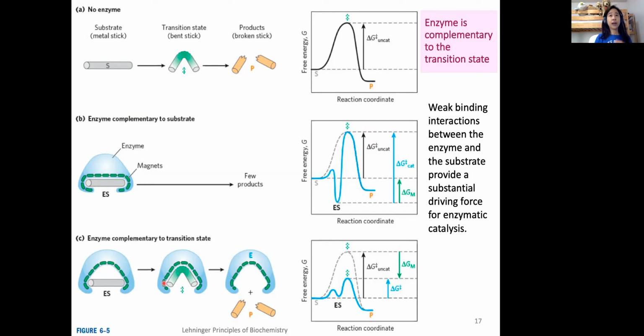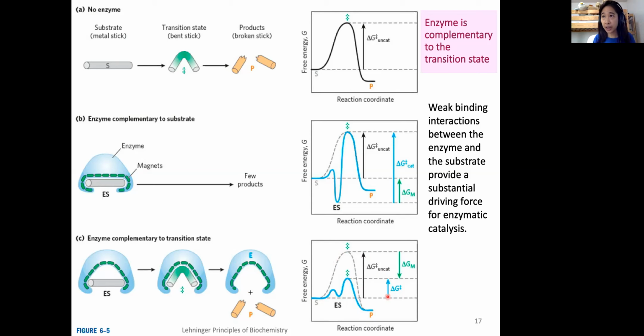But if your enzyme does not fit very well with the substrate, but actually fits more perfectly with the transition state, which is the bent metal stick, you will get the product more easily. The reaction will speed up. If you take a look at the reaction coordinate, you will lower the activation energy.